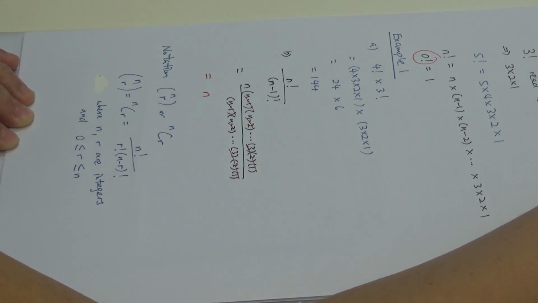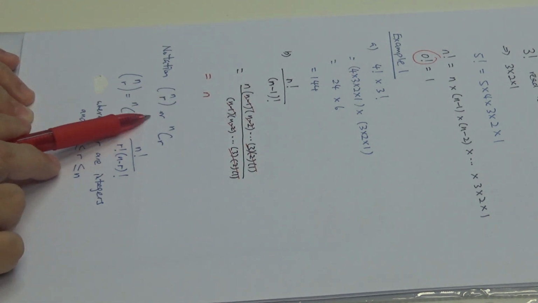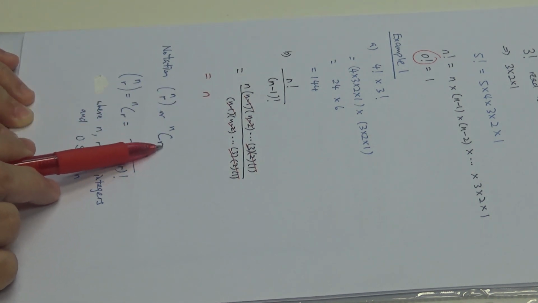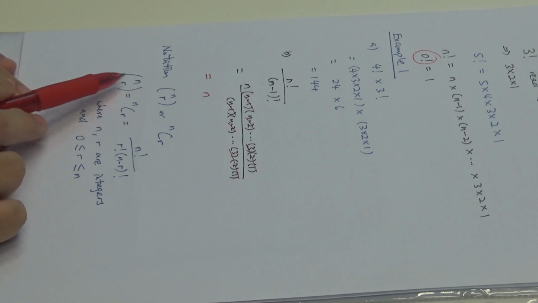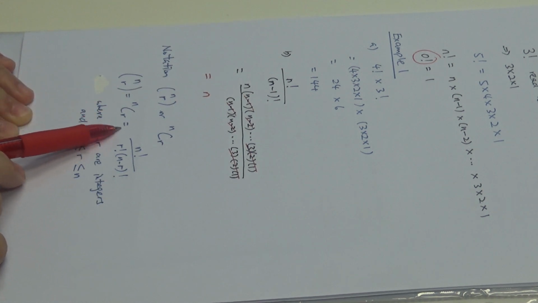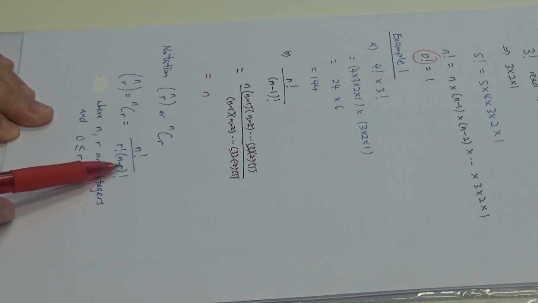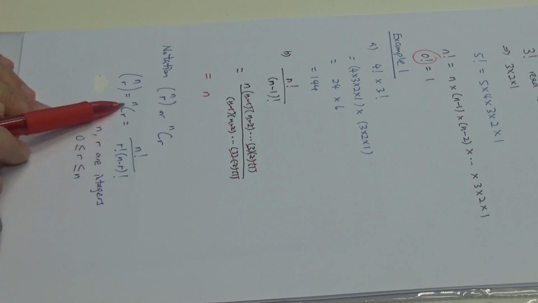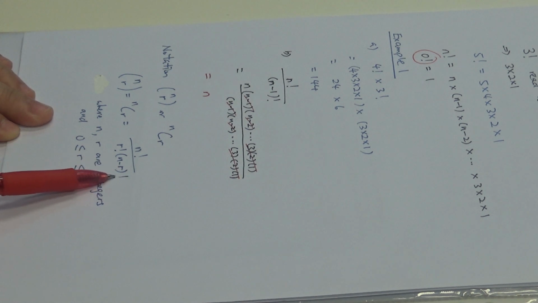We can also write it as nCr. n choose r, or nCr, is equal to n factorial over r factorial times n minus r factorial.